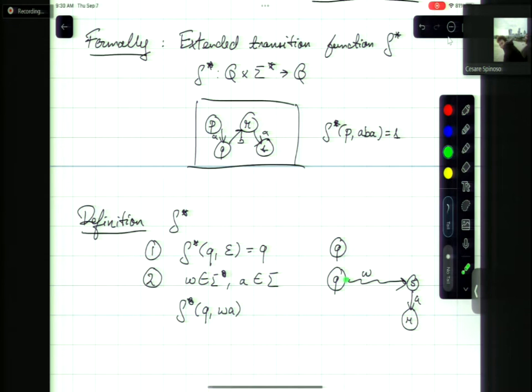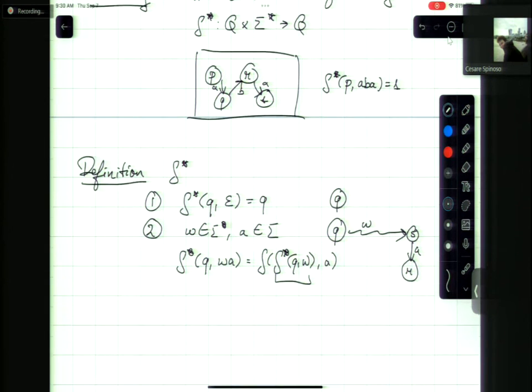So reading WA directly is the same thing as first reading W and then reading A. That means that delta star QWA is equal to first reading W, which gets me to one state, because remember, delta star returns a state. And then from that state, I read a single symbol. So this is the definition, but I'm just giving you the intuition of the definition.